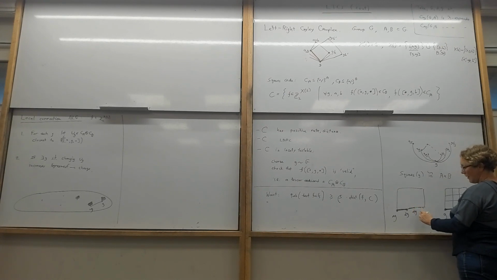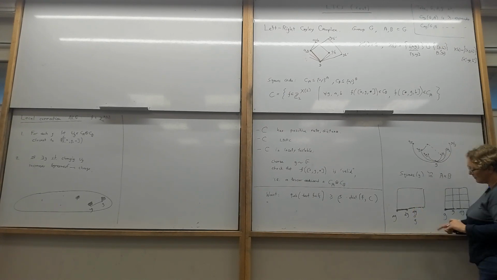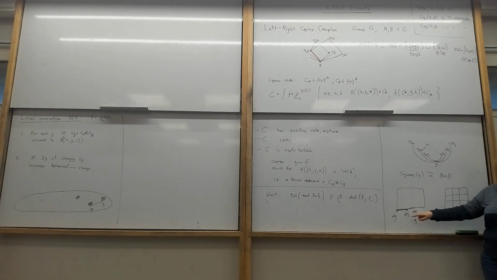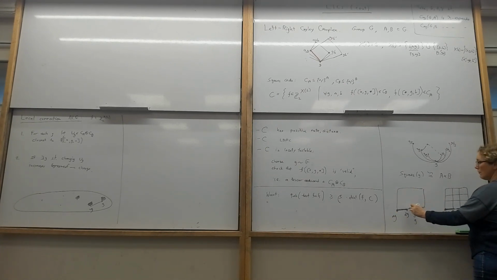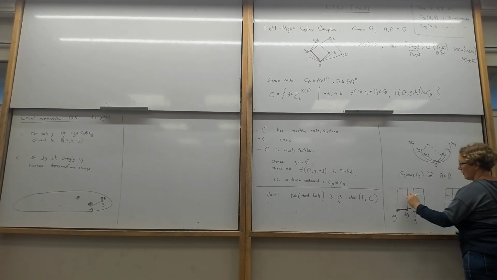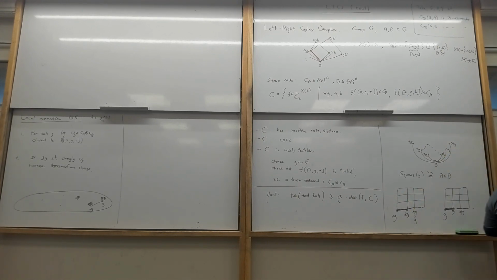And one of these actually equals G, because A inverse is one of the elements in A. So one of these columns corresponds to the edge between AG and G. But maybe here it's the second column and here it's the first column. So, I want to use another color.